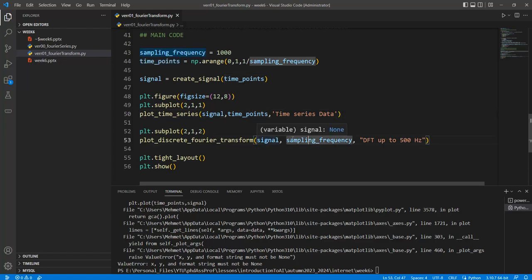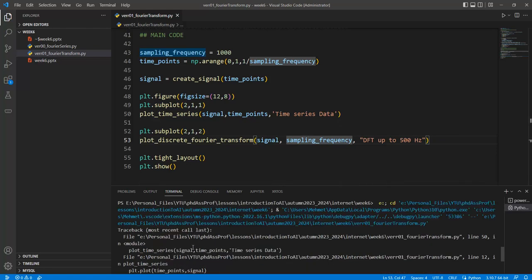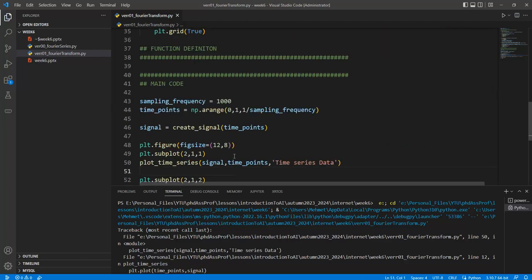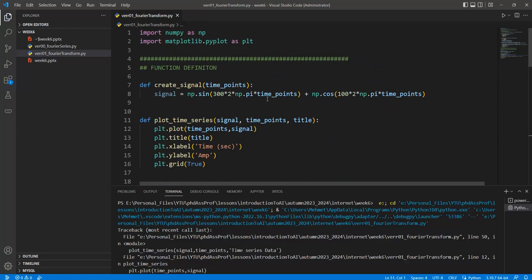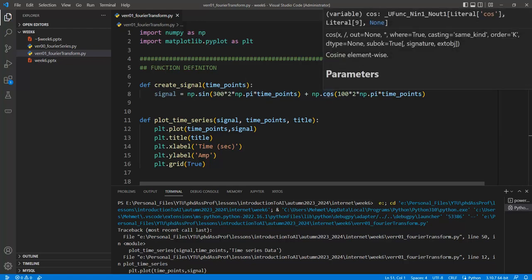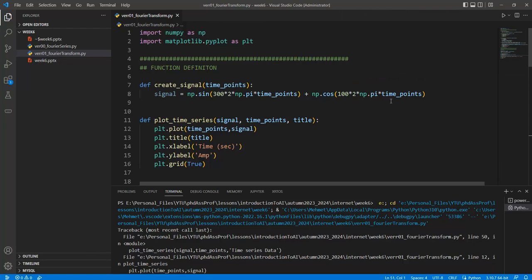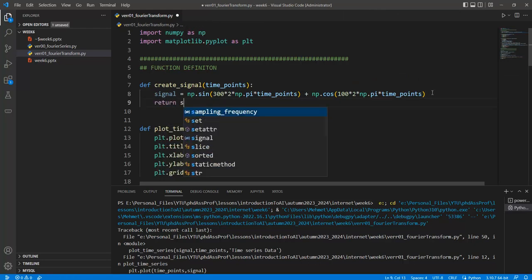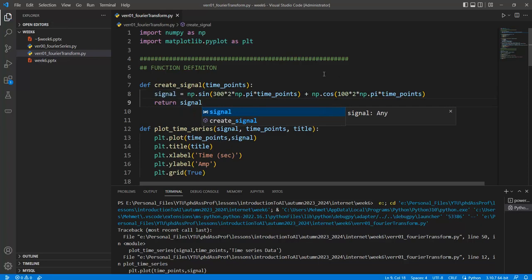Signal, sampling frequency, yes. Plot time series is wrong in here. Okay. Time points 2 NP times time points plus NP cos time points. We must return the signal.